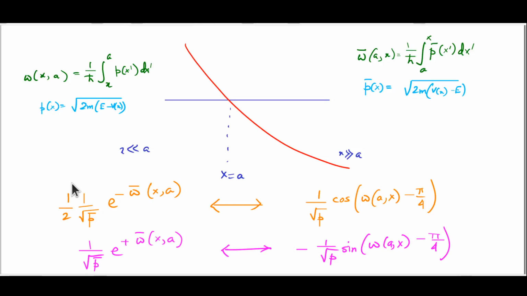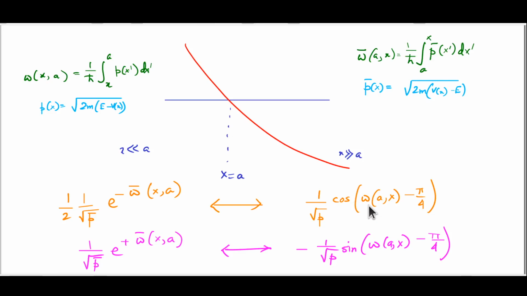For the other kind of turning point, where the forbidden region is to the left of a, on the left you have a decreasing exponential which, as I just pointed out a while ago, is e to the minus w bar x comma a. And again, this is the one which comes with a half and which connects to cosine on the other side, cosine of w a comma x minus pi by 4.